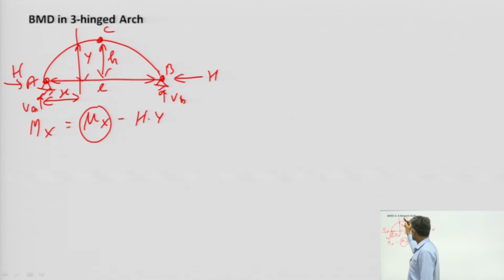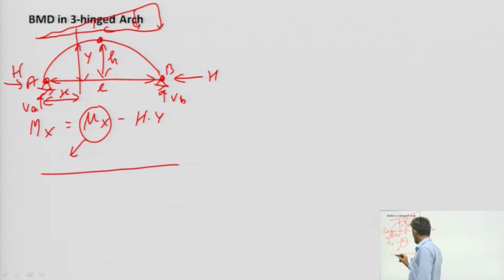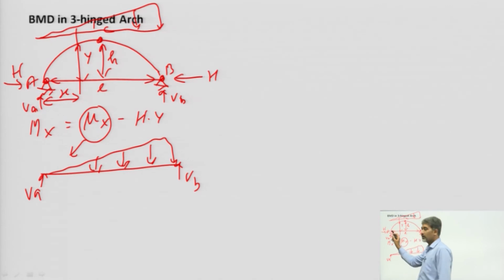Suppose the arch can carry any type of loading. The beam moment mu x will be calculated and plotted with the help of a horizontal beam with the same loading as in the given arch.